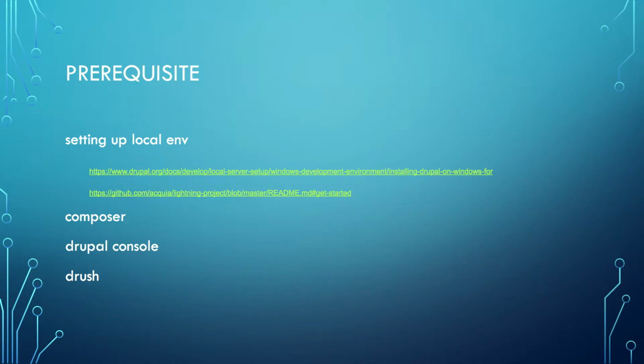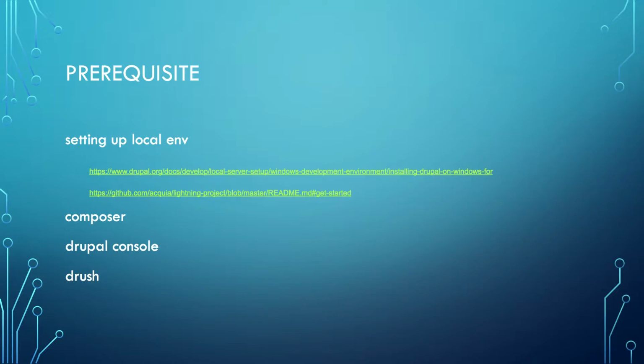I also use Drupal Console to generate the modules. Actually, Drupal Console has a migration generator, so you can create the migration with Drupal Console. I can see the list, and then also Drush.